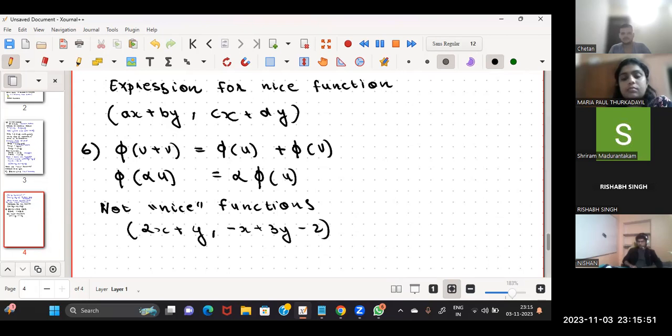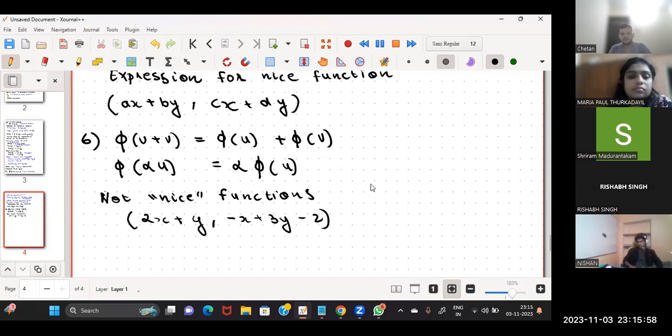This is the not so nice function, right, guys? Let's input this in the function and figure out what we are getting out of that. Let's see if these are nice functions or not.